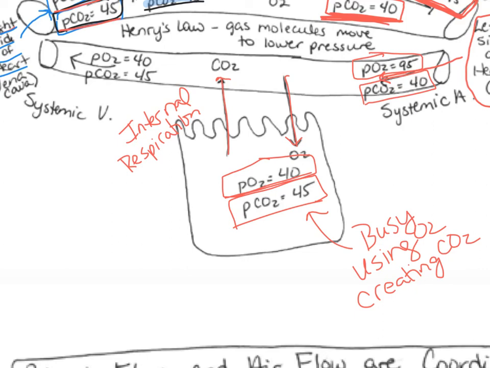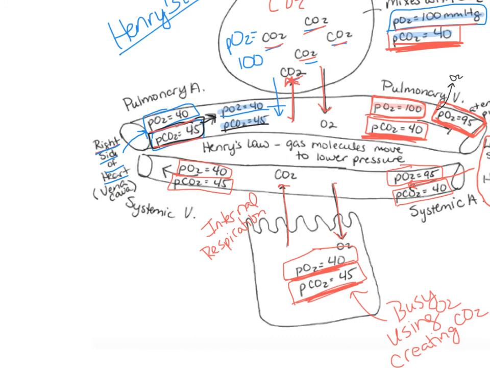And they reach equilibrium. So now the blood leaving the tissues will have a PO2 of 40, just like what was in the tissues. And the carbon dioxide will have a PCO2 of 45, just like what was in the tissues. And now they're going to head back to the heart. They head back to the right side of the heart through the vena cava.